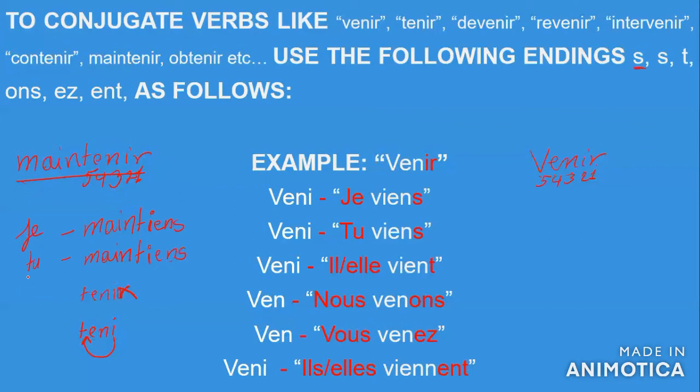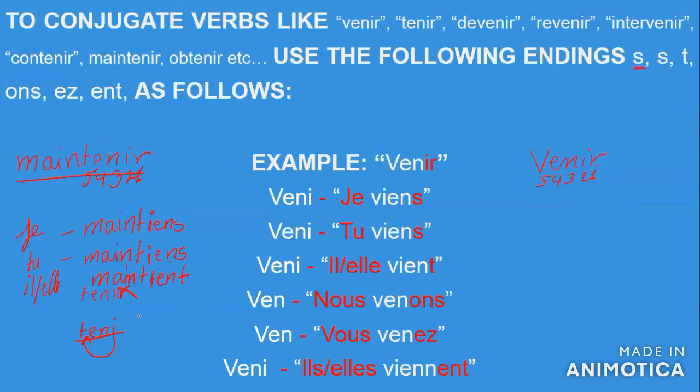For il and elle, remember, we're dealing with only the last 5 letters to conjugate this category. And what are the letters we have? N and E, 1, 2. Remember, I should be coming right here, right? All right, remember our tenir right here? But now we switch it over right here. And what else we have there? We have T, okay? Il, elle maintient.